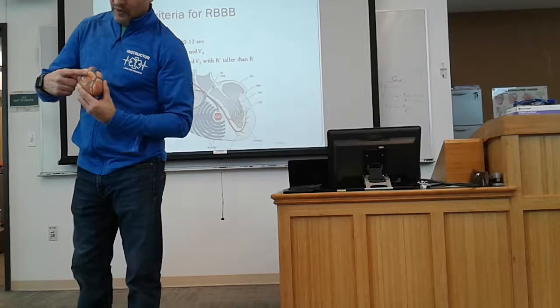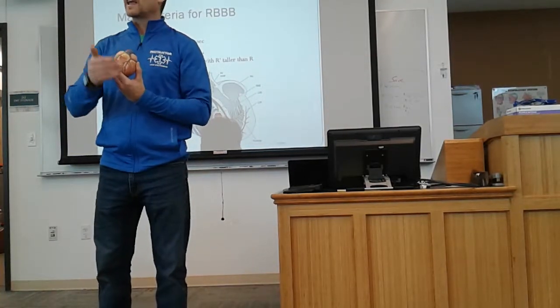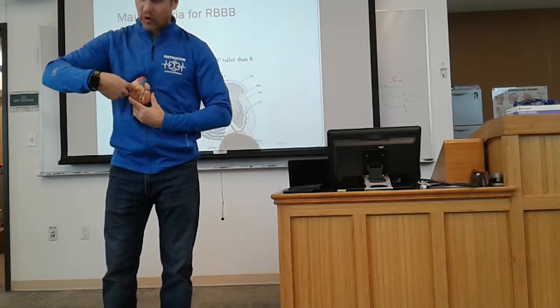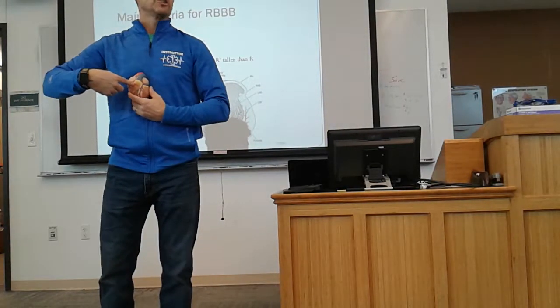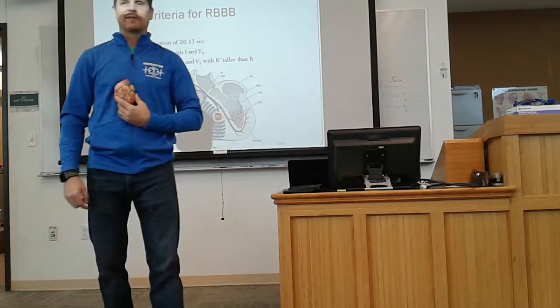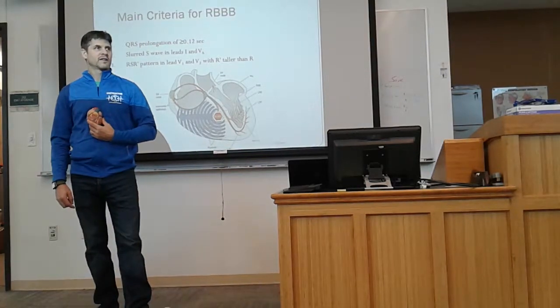So therefore, the right muscle mass is actually more anterior in my chest cavity. So when I set my lead, V1, on my septum, it's actually looking directly at the right muscle mass. Does that make sense? V1 is anatomically looking right at the septum.